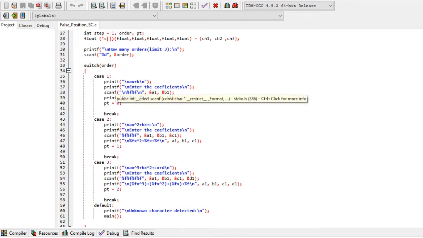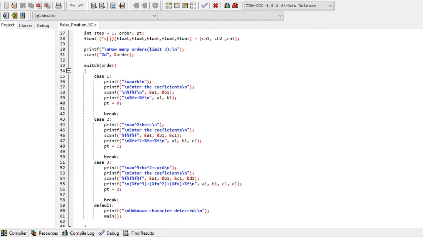Then afterwards, the program will ask the user to input the coefficients of x. If the user inputs 2, then that will make the functions quadratic, and we will get this form, ax squared plus bx plus c. And same as with case 1, the program will ask the user to input the coefficients of x.